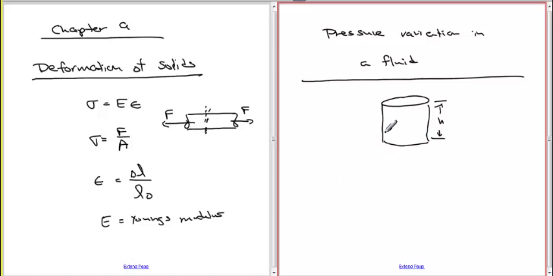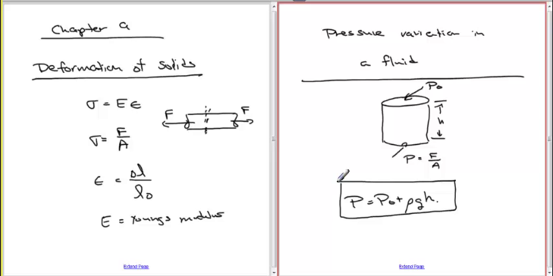But in any case, let's say the pressure on the top we'll call P0, and we'll call the pressure on the bottom P. The pressures are the force applied per unit area in that fluid. So the pressure at any depth is equal to the pressure at the top plus the density of the fluid times g times the height.